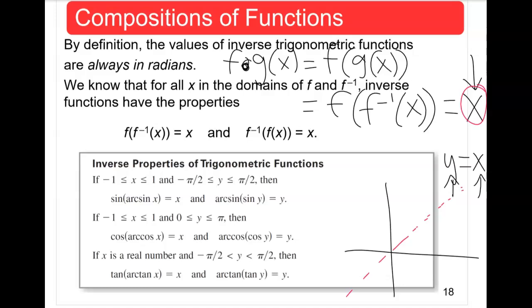So now we're going to try to translate this concept into our 3 trigonometric functions that we discussed: sine, cosine, and tangent with its inverse functions. So arcsine, arccosine, and arctangent, or sine inverse, cosine inverse, and tangent inverse.